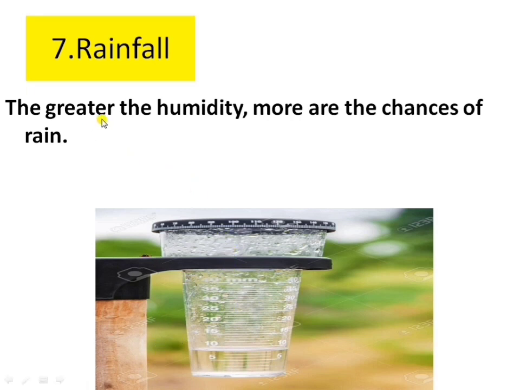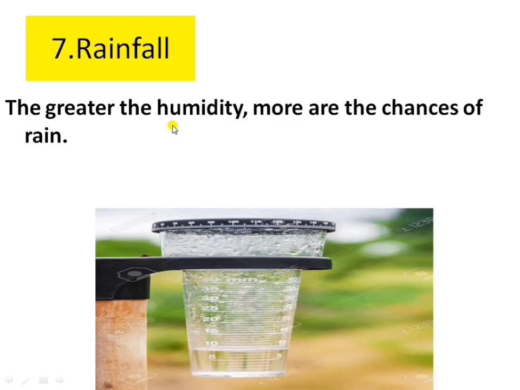Okay, so the greater the humidity, the more the chances of rain. As you can see here, it consists of a measuring cylinder. This is your measuring cylinder, where the rainwater gets collected and its level is measured.